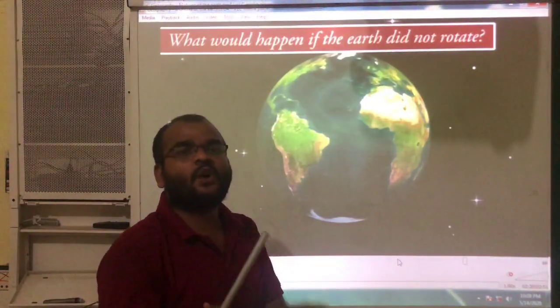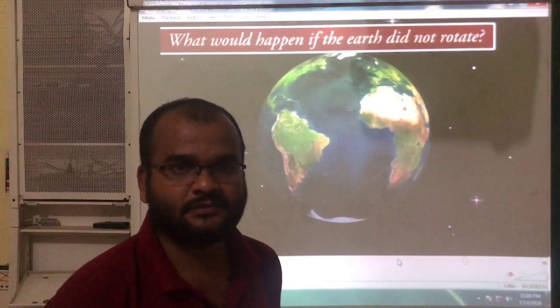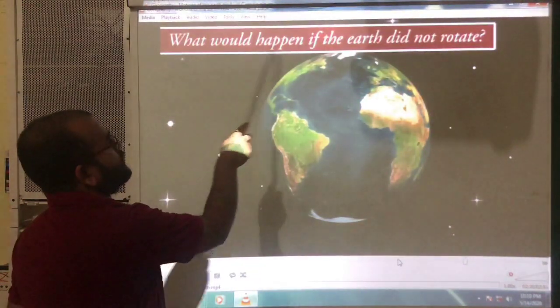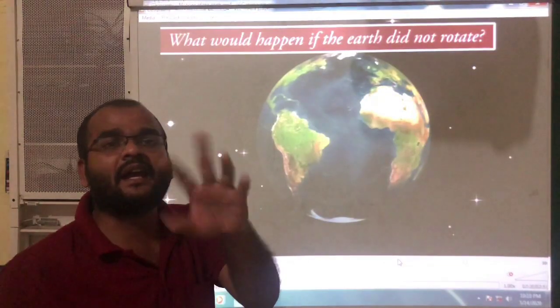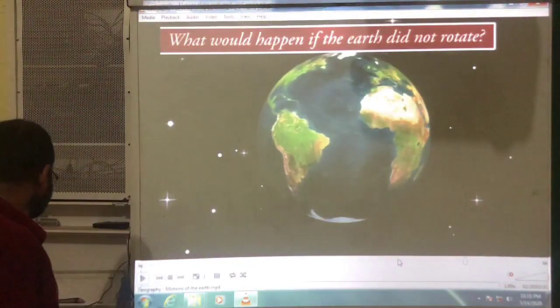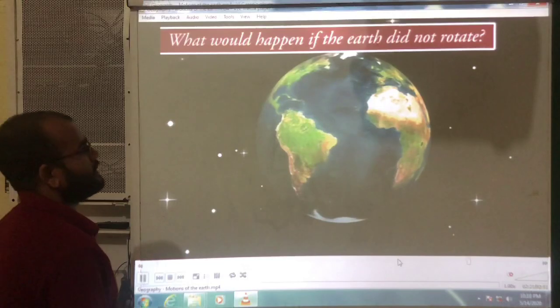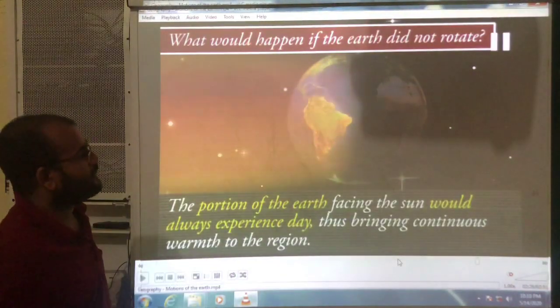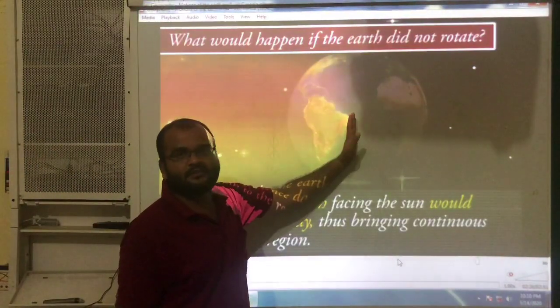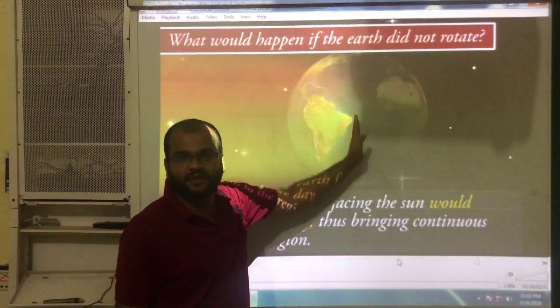If there is no rotation of the earth, that means if the earth did not rotate around itself, day and nights will not form. See here, the earth is like this only, not moving, not rotating around itself.